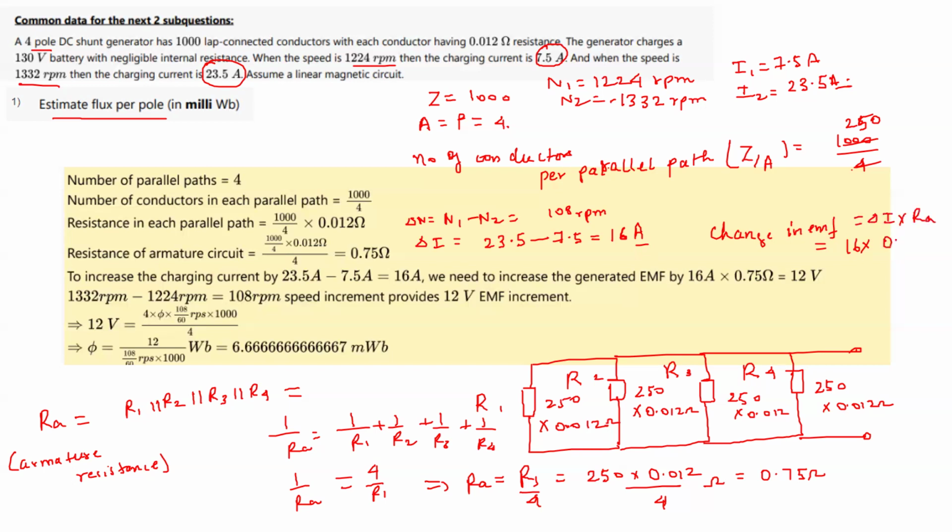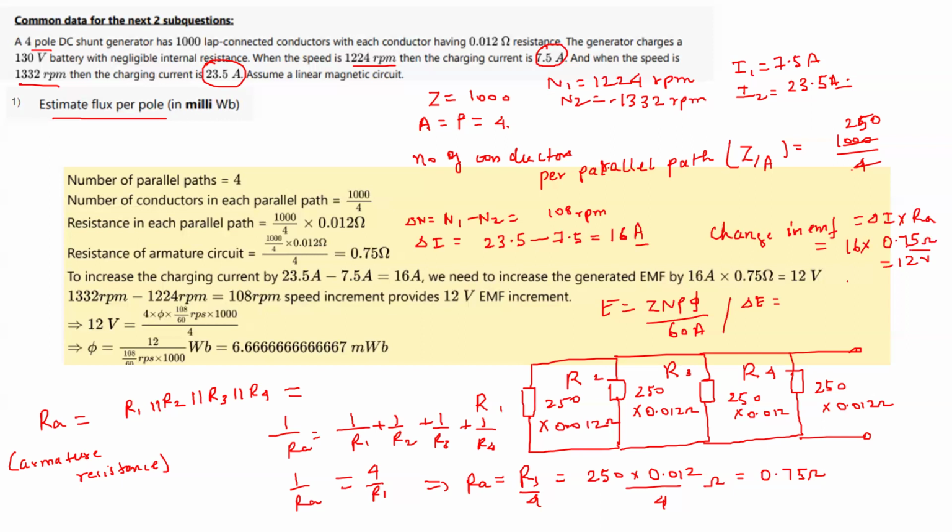RA we have calculated, so this is 12 volt. Okay, so this is the change. Now what is the EMF? We know that the EMF equation is ZNP phi by 60A. 16 into 0.75.